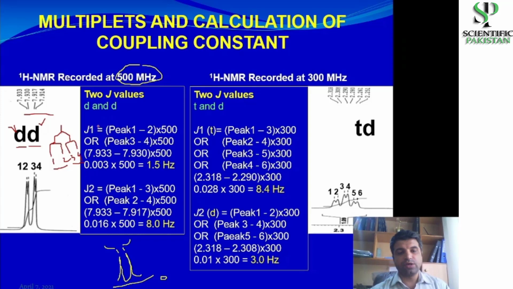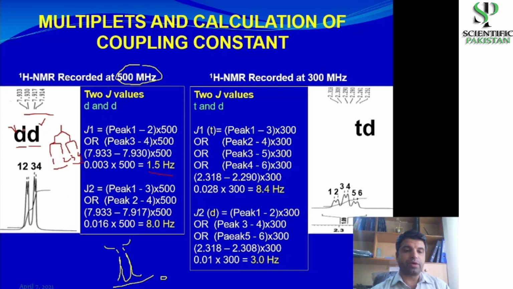So you can see here J1 is equal to peak 1 minus peak 2 multiplied by the spectrophotometer frequency, or the difference between 3 and 4 multiplied by 500. This will give you 1.5 hertz. That is the coupling constant for the smaller doublet.